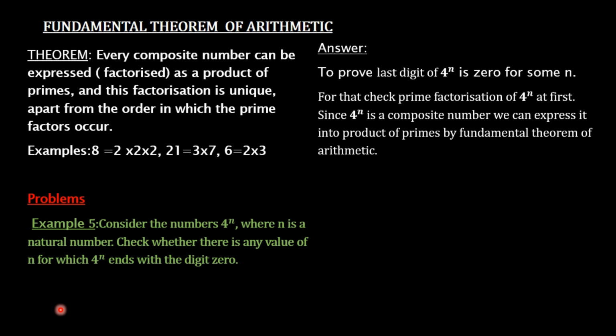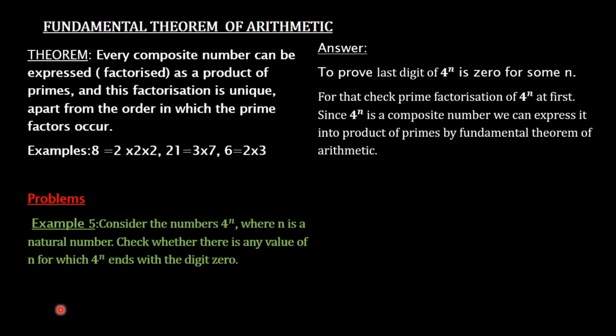Every such number is a multiple of 10, and then it ends with the digit 0. Otherwise, that number doesn't end with the digit 0. So, to check whether 4 raised to n ends with 0, we have to see whether 10 can be a factor of 4 raised to n.